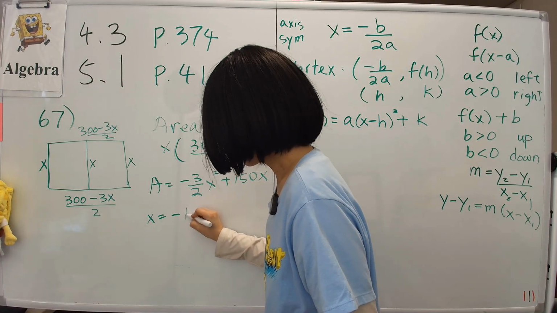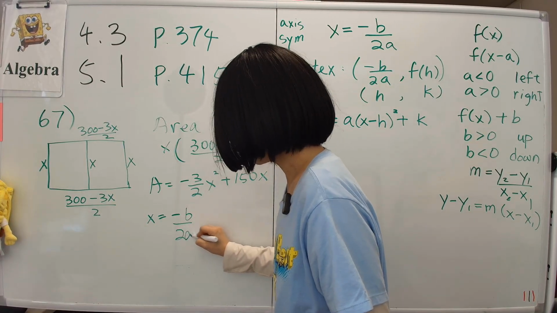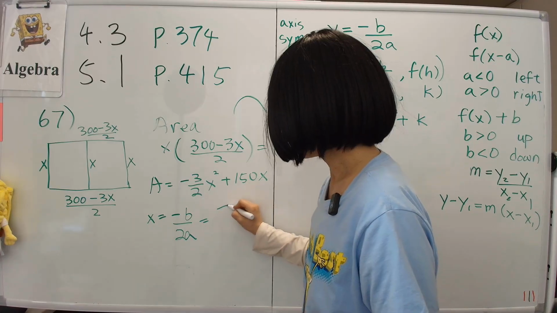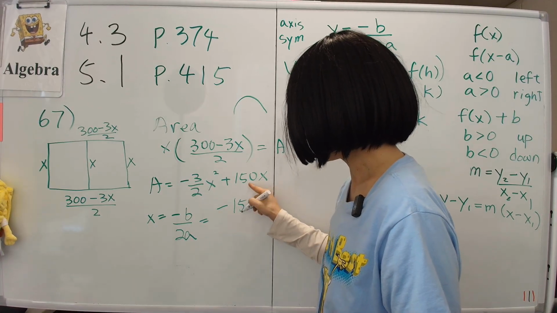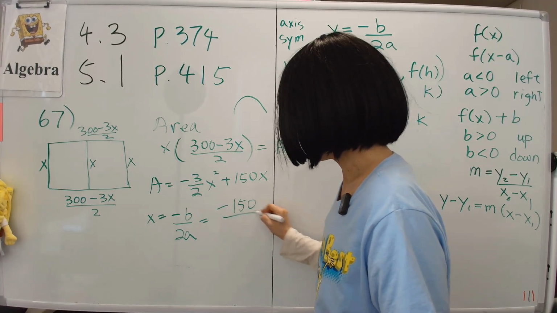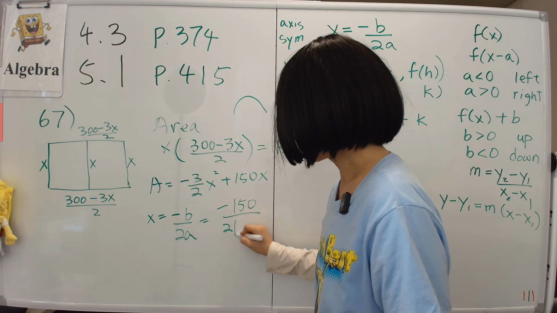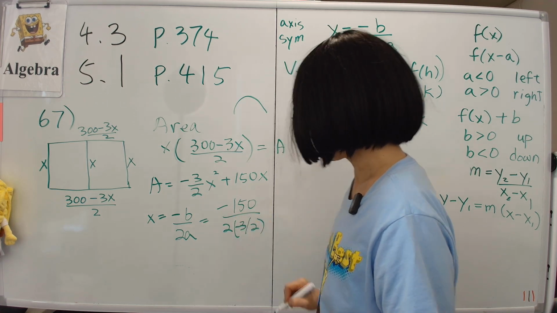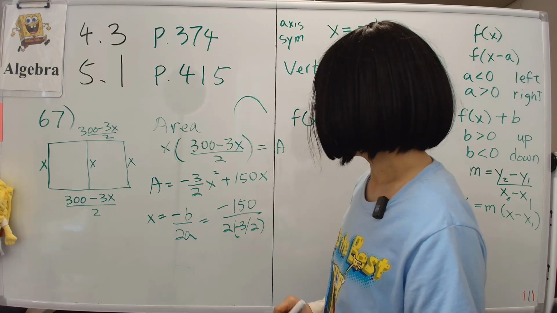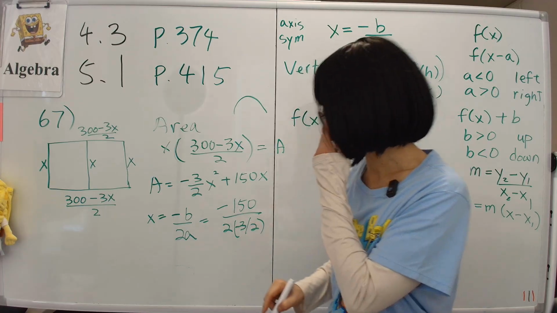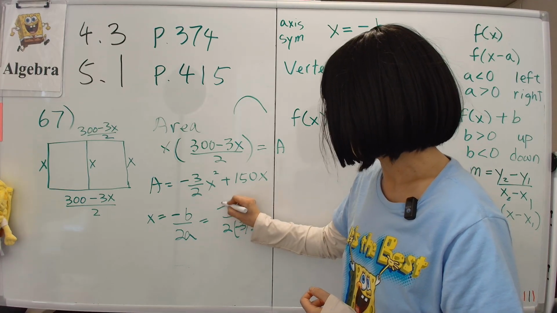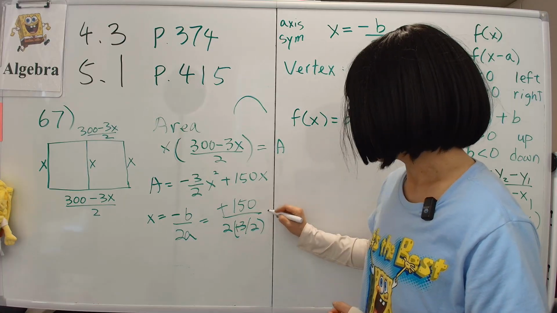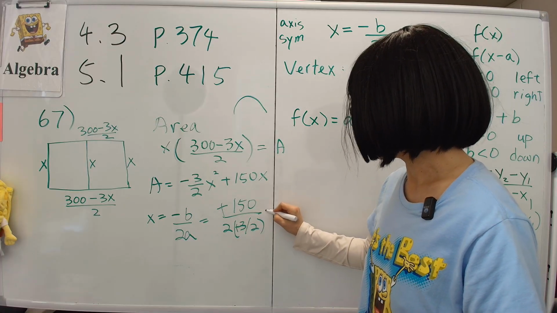In this case, minus 150, that's b, over 2a, which is 2 times 3/2. And don't forget the negative sign. The negative signs cancel out, so that's good.